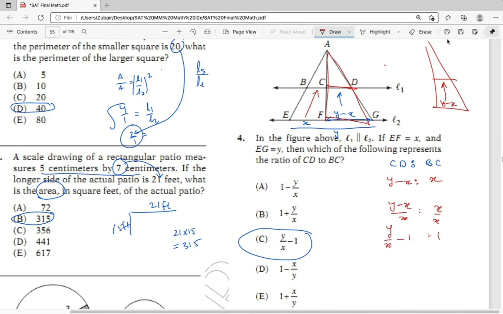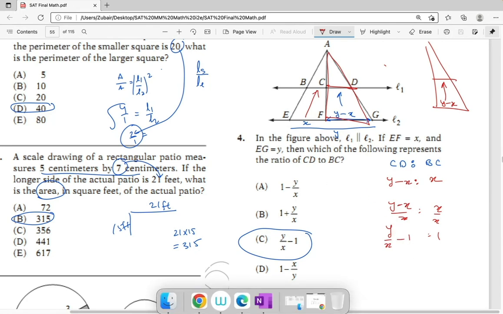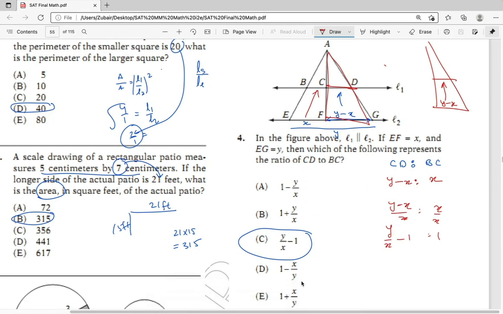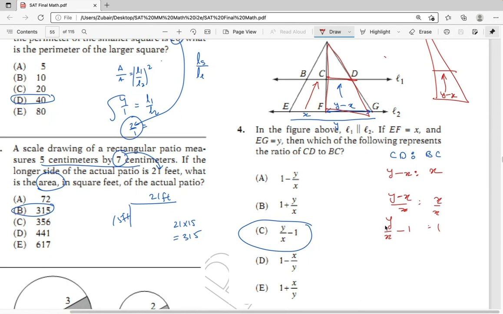Wait, sir, why are we dividing by x again? Because we have options in this form, I can see all these are fractions. I mean, why are we dividing by x instead of y? Okay, the choice could have been to divide by y minus x. If I do this, y minus x over y minus x is 1, but now I cannot split this fraction.